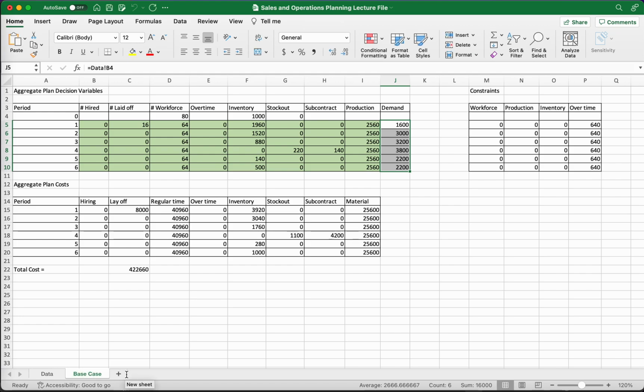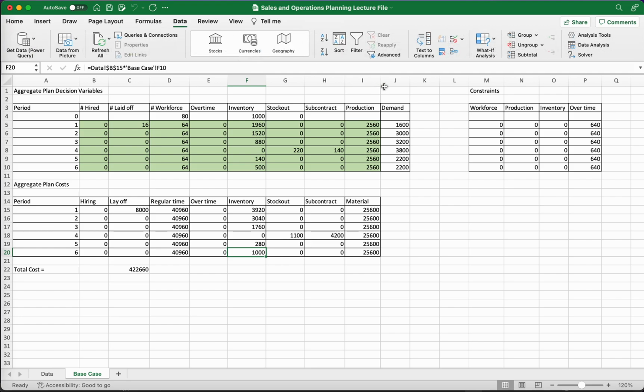In the base case, you start with 80 workers. In the first month, you lay 16 of them off, then you end with 64 workers, and that's the number of workers you're going to keep for the rest of the time. Let me see if I can run this.